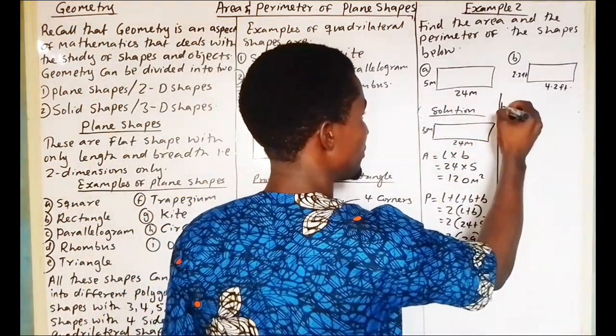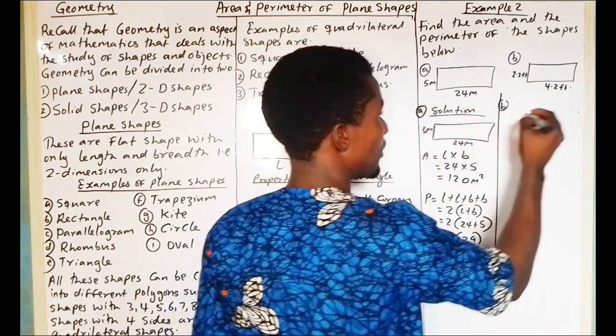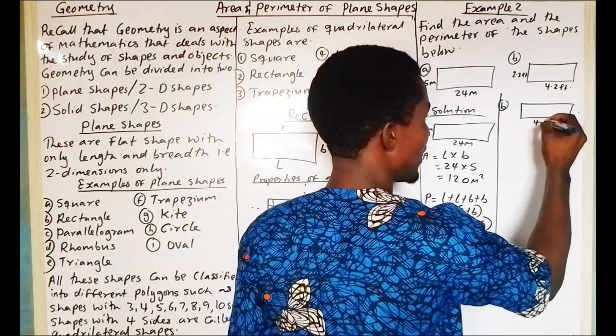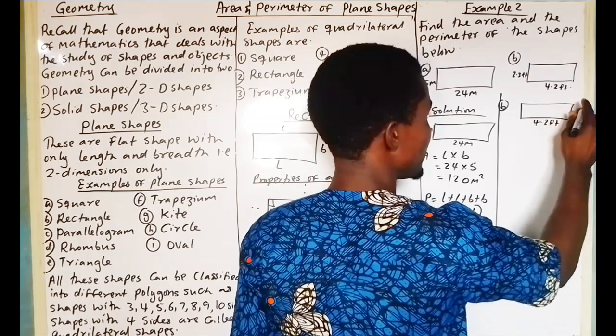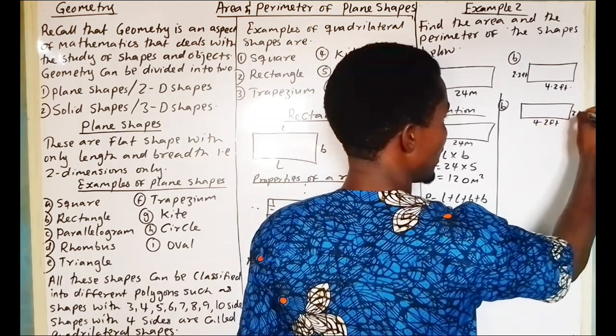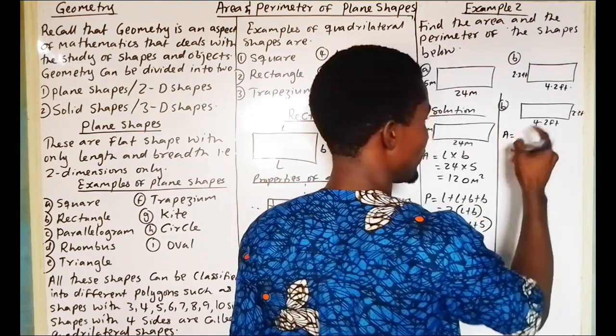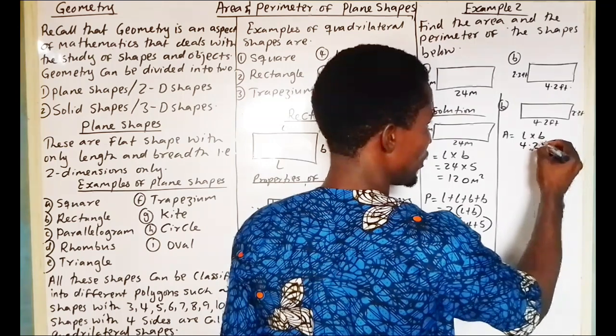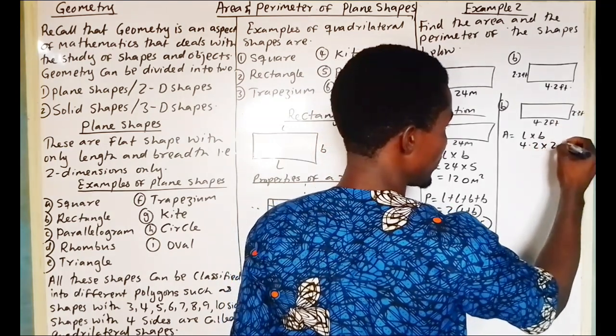And the second shape, the number is in decimal. Now let's find the area of this shape. My length times breadth. My length is 4.2 times my breadth, which is 2.3.